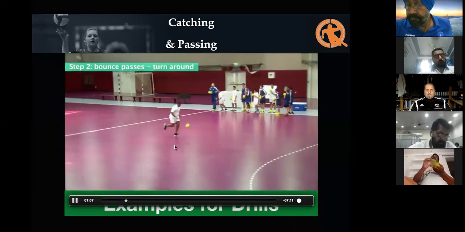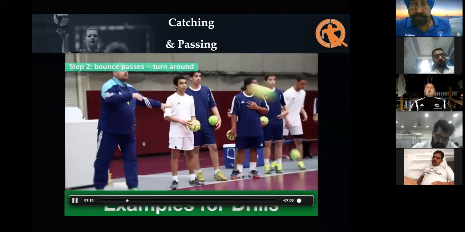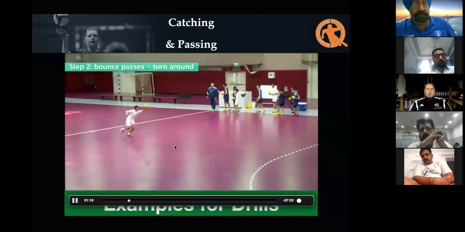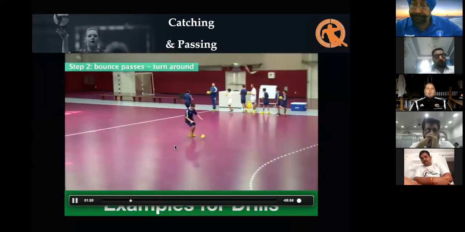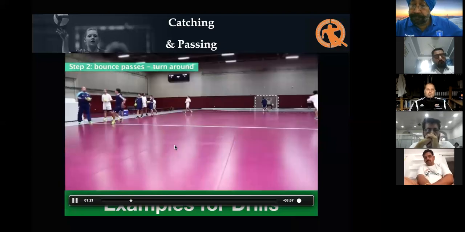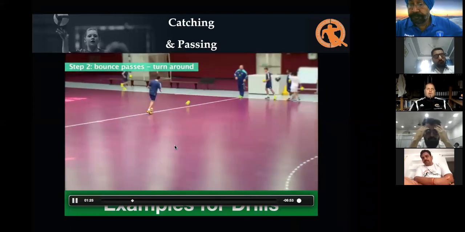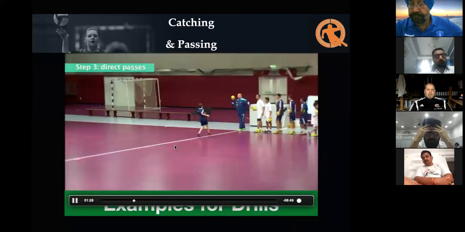In the second step, you see the same movement, but now it's a 270-degree turn. So catch the ball and make a turn to the other side, speed up to the goal. And still we do that with a bounce pass to make it easy for them at the beginning.